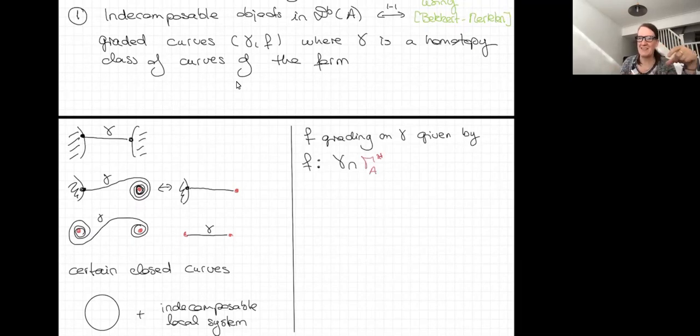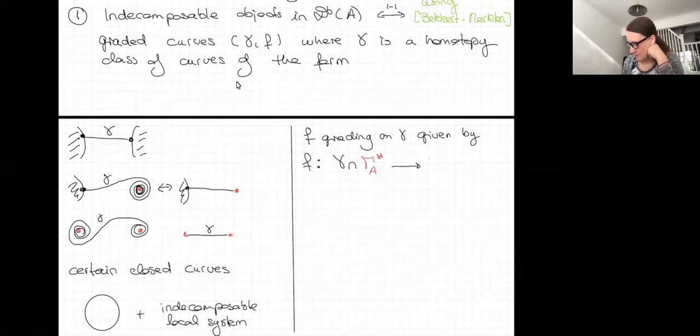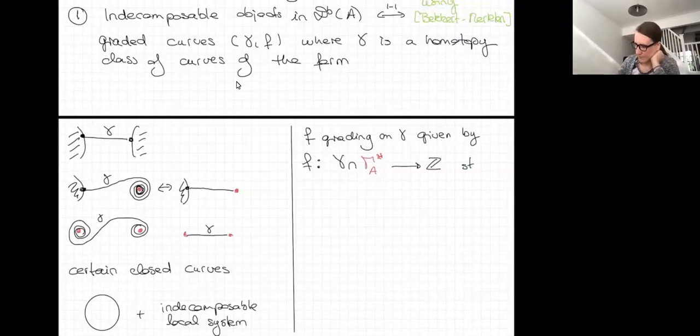It gives a dissection of the surface, and we count the intersections and order them in the orientation of the curve, and we define this map F as follows. Suppose our curve crosses the red ribbon graph in this way.